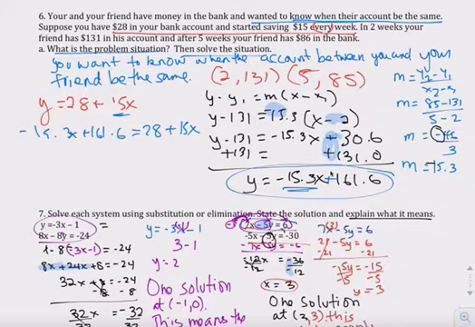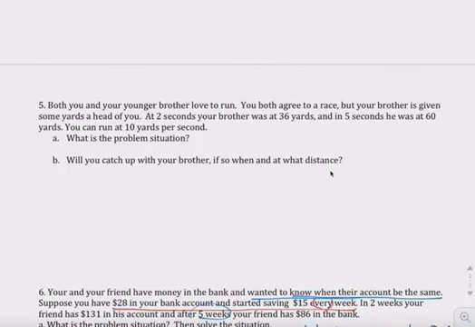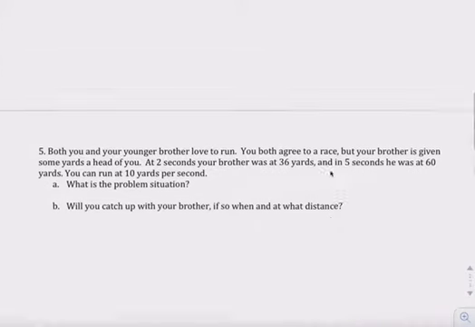You use substitution, you find x, that the x is the number of weeks, and this is the dollar amount. Same thing here, you have to do all that work to find what time they meet and what amount.